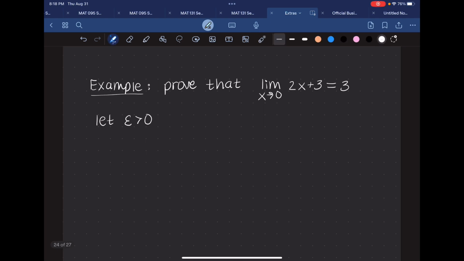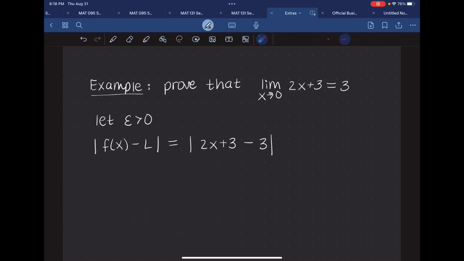So I have the absolute value of f of x minus L, and I can plug in what these are for this particular problem. My f of x is 2x plus 3, and the L is 3.